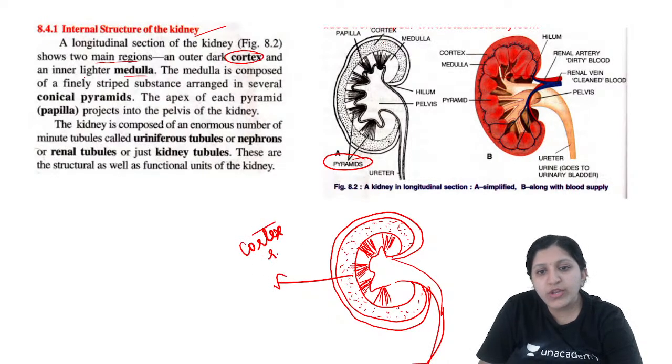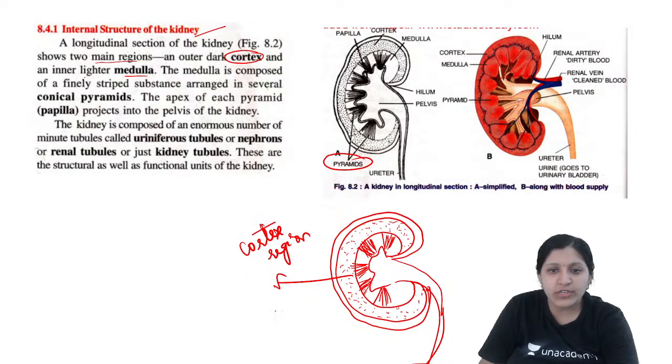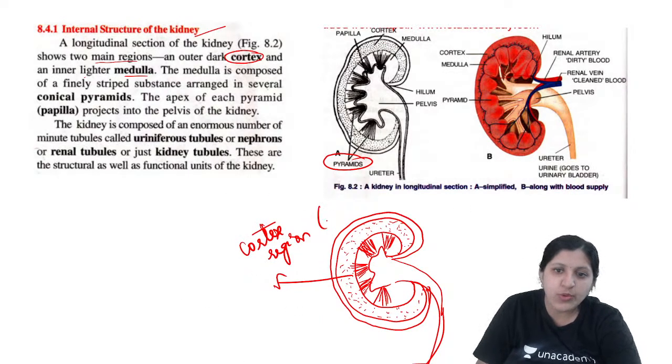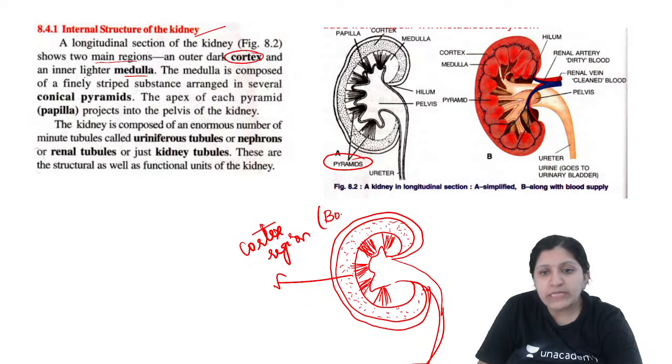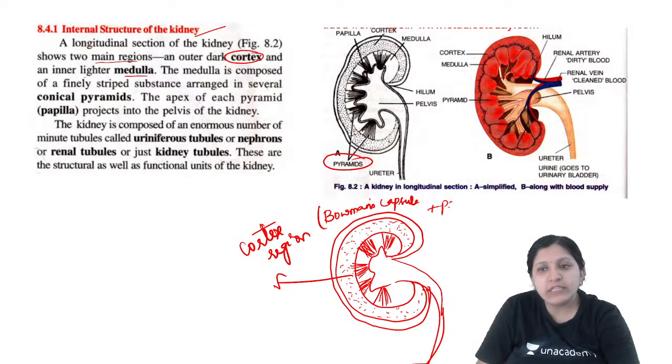In the cortex region, what do you find? Maybe I can just write it over here. It is the Bowman's capsule, or Malpighian capsule as we mentioned. With that you will find the PCT also, and it will have the glomerulus as well.